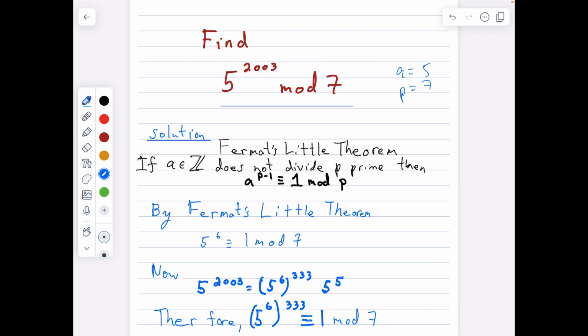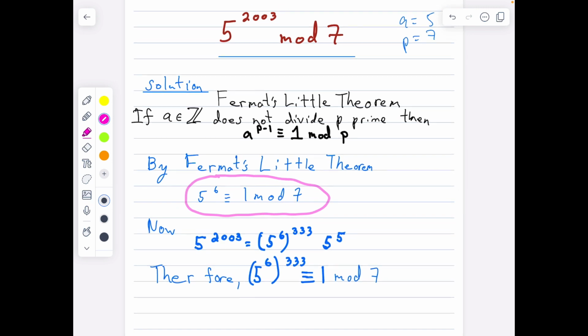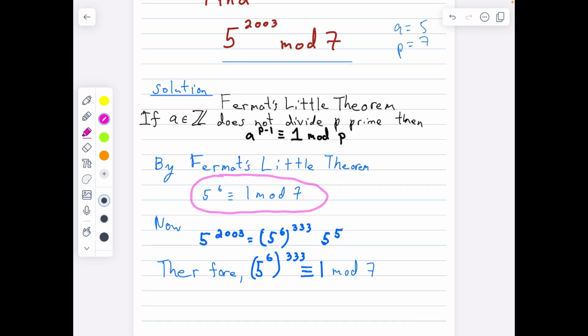So by Fermat's little theorem, I have that 5 to the 6 is congruent to 1 mod 7. You take 1 power away from 7, 6, and 5 to the 6 is congruent to 1 mod 7 by Fermat's little theorem.